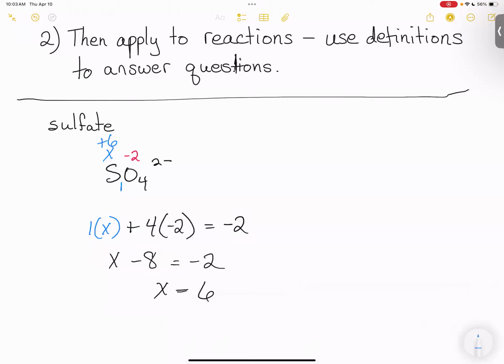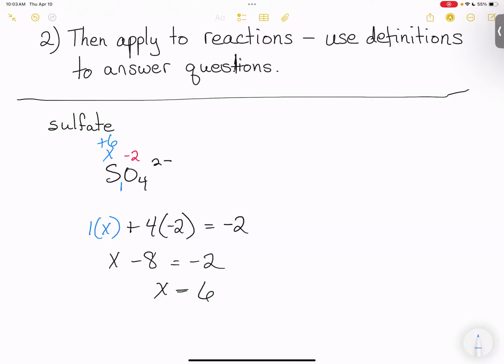Folks, once you determine the oxidation state of elements in a polyatomic ion, they're never going to change. So it doesn't matter where I go find sulfate. I could have sodium sulfate. I could have manganese sulfate. I could have silver sulfate.